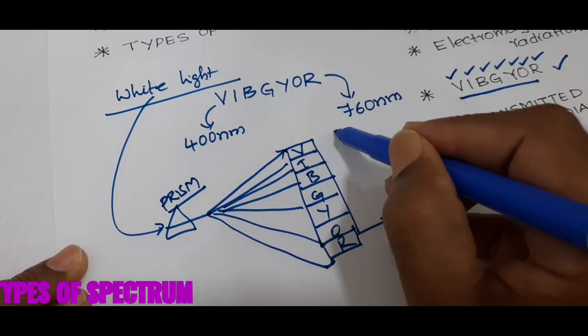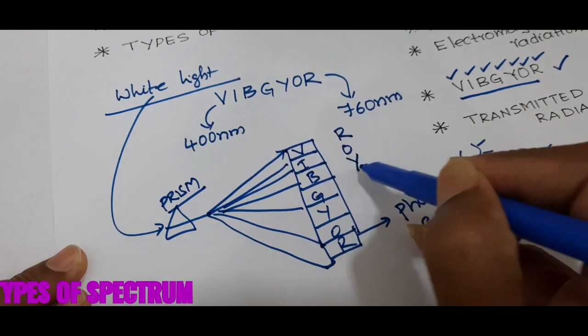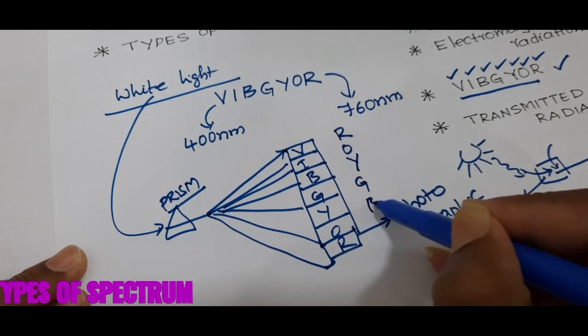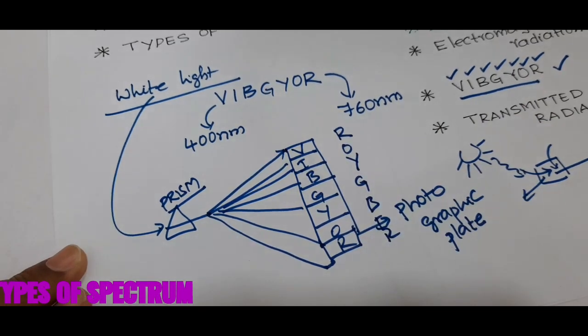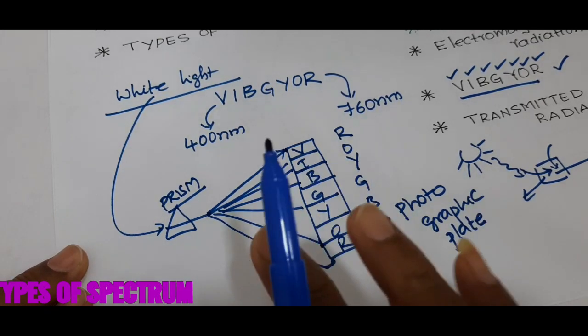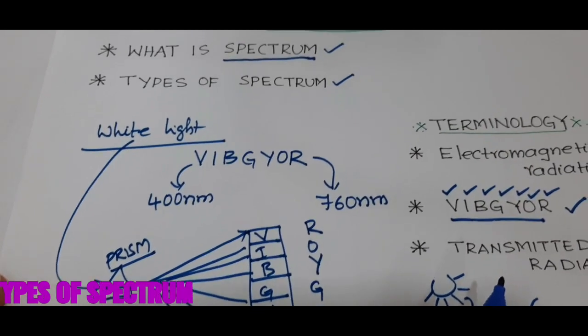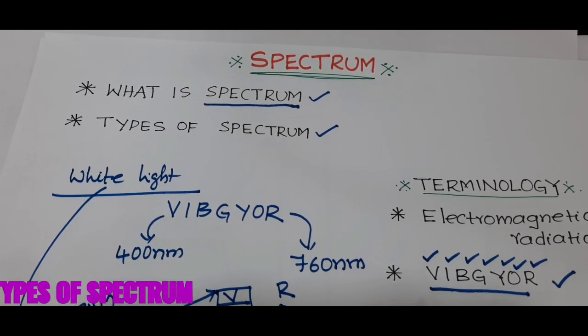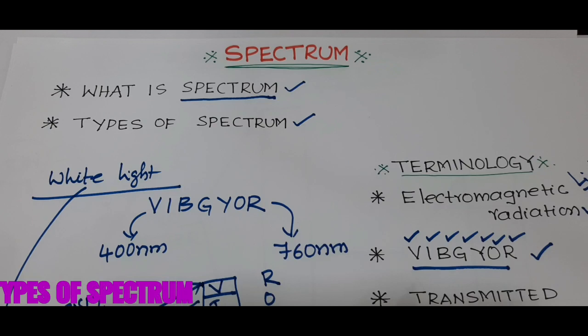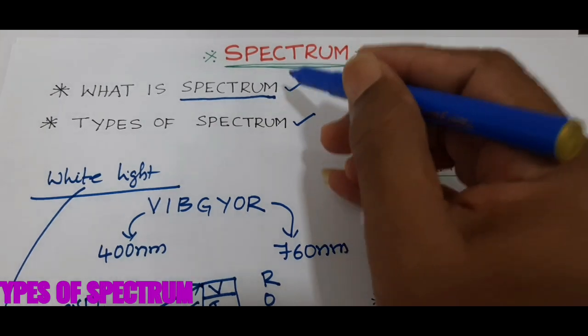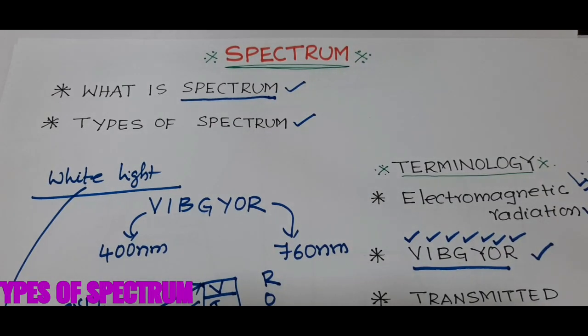Or it may be arranged like this: R, O, Y, G, B, I, V, either increasing order or decreasing order, but not a zigzag order. That arrangement of the different radiations either in the increasing order or decreasing order of their wavelength is called a spectrum. And what are the types of spectrum you have?